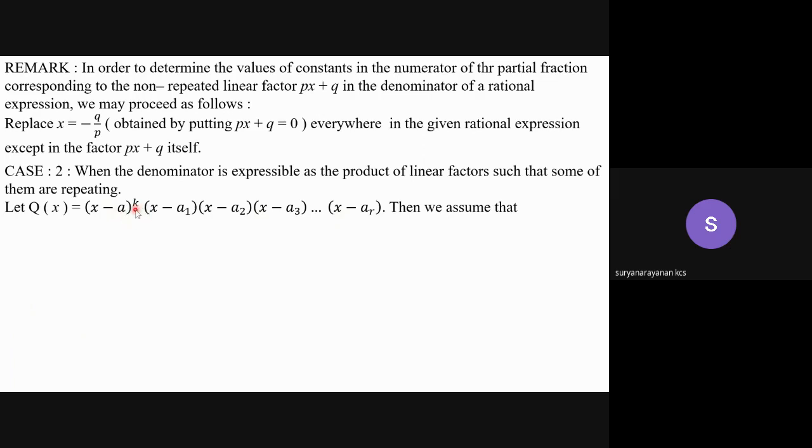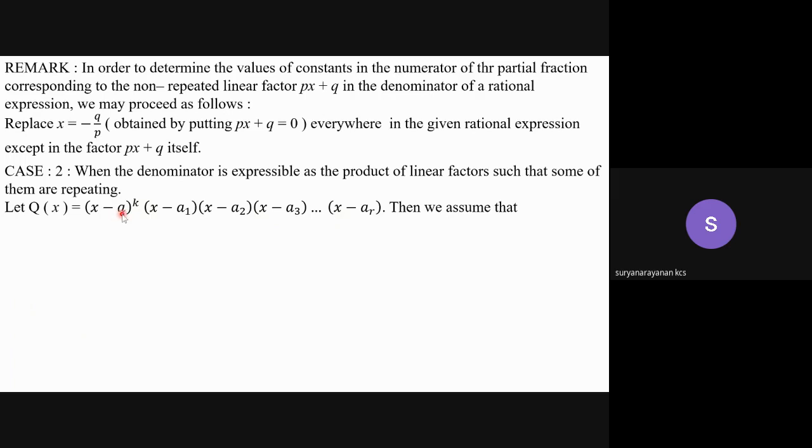Suppose whole square is there. This linear factor is repeating 2 times. Suppose for this linear factor, whole cube is there. It means this linear factor is repeating 3 times. Understood what is meant by repeating the linear factor? How do you say a linear factor is repeated?